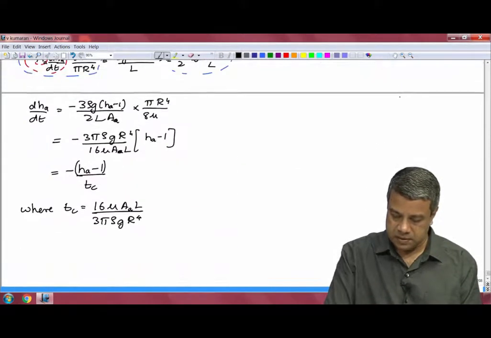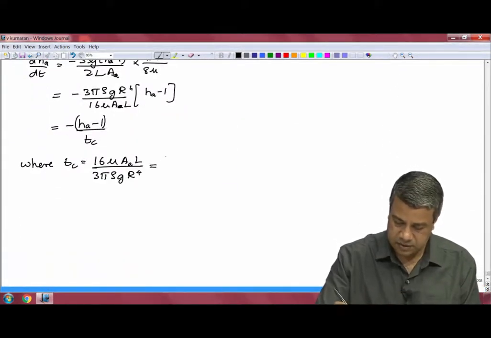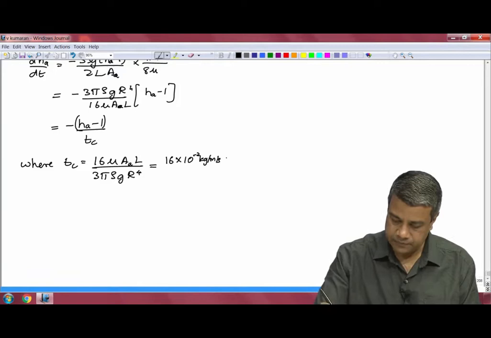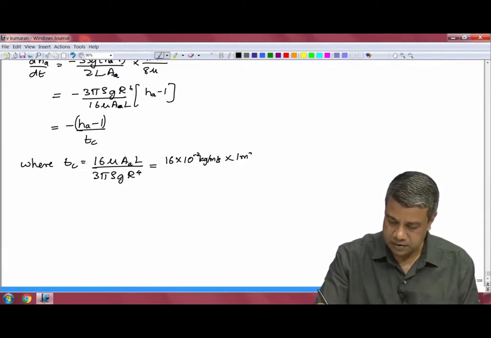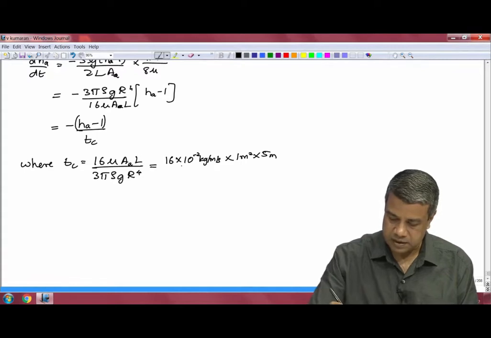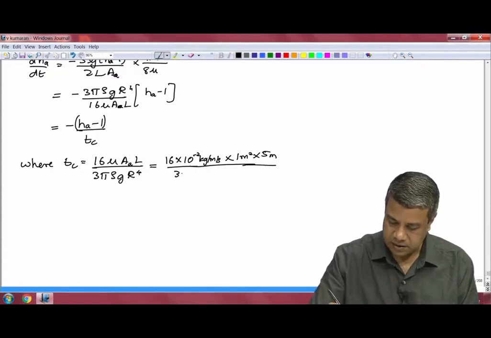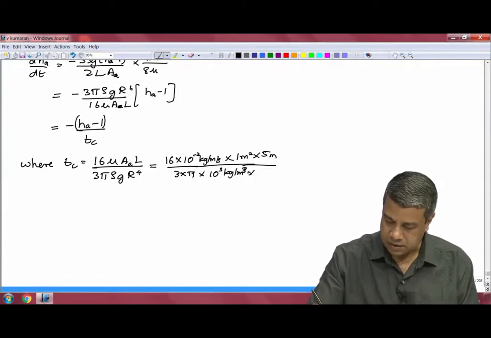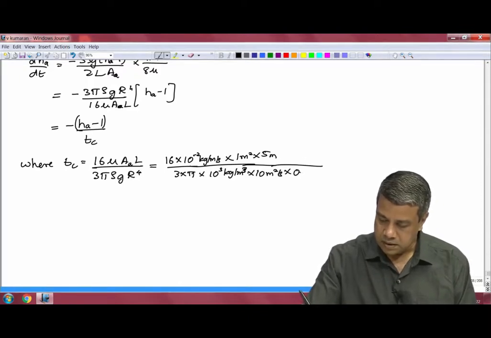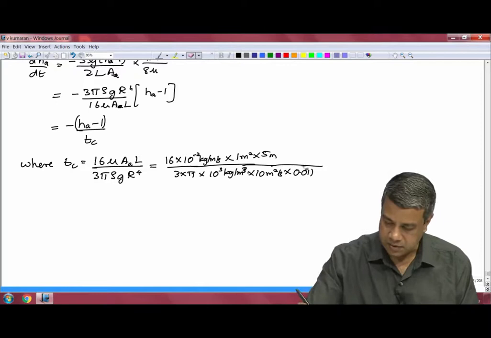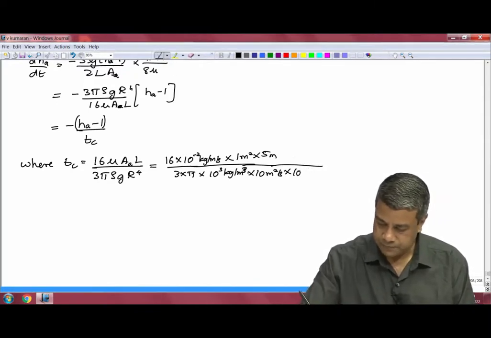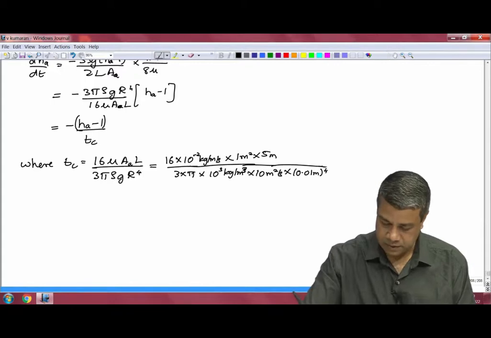And on that basis I substitute in here, I will find that this Tc is equal to 16 into 10 power minus 2 kg per meter per second into the area of tank A, which is 1 meter square, length is 5 meters as I had said earlier, divided by 3 into pi into 10 power 3 kg per meter cubed into 10 meter square per second into the diameter, which is 1 centimeter, that is 0.01 meter, whole power 4.